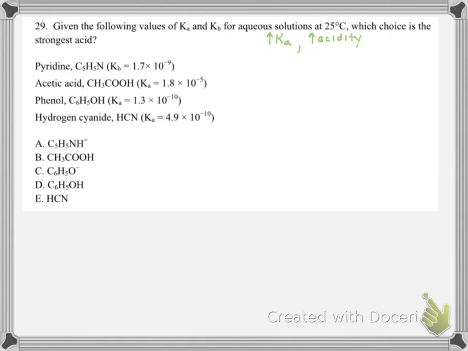Looking at pyridine, they give us Kb, which tells us that this is going to act as a base, not an acid. So that guy's out. We have Kas for the other ones, and the strongest acid is just going to have the highest Ka. And that's this guy, the acetic acid. Okay. So just don't forget this relationship between Ka and strength.